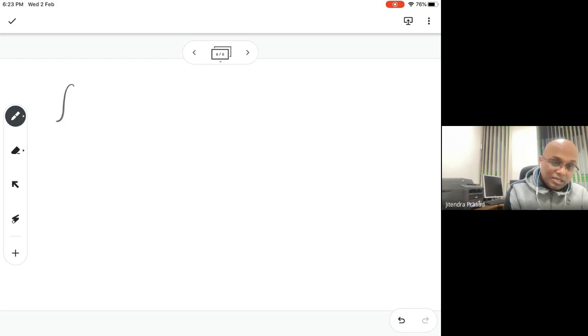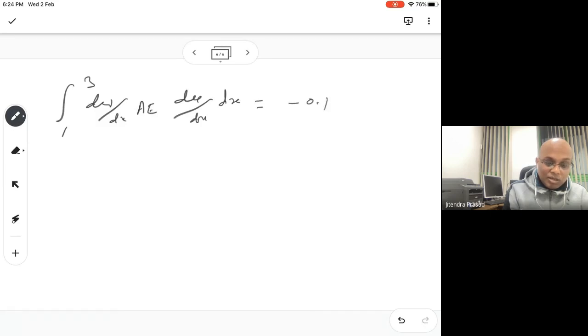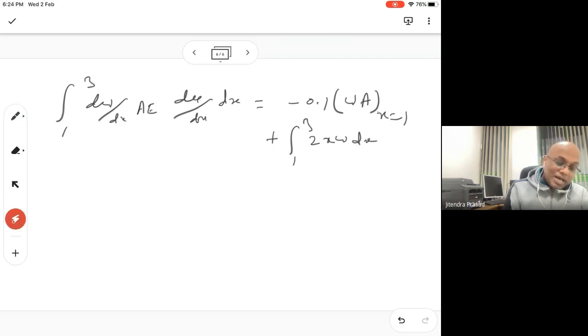The weak formulation we can write, which was the integral from 1 to 3 of dw over dx times AE du over dx equal to minus 0.1 times wA at x equal to 1, plus the integral from 1 to 3 of 2x w dx. So just rearranged, but it was the same thing. Of course, we know that it is valid for all w with w at 3 equal to 0, and accordingly we have w formulated.